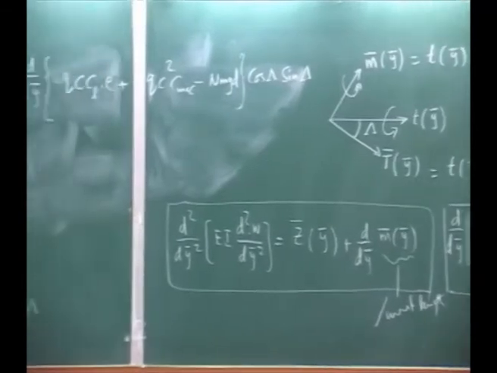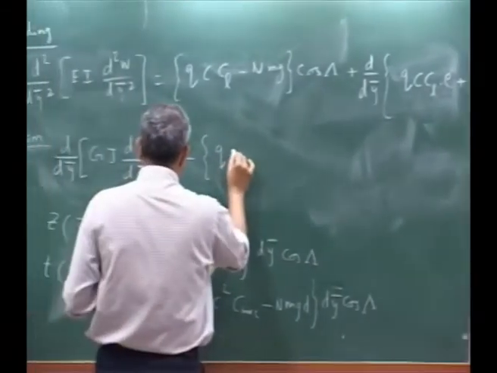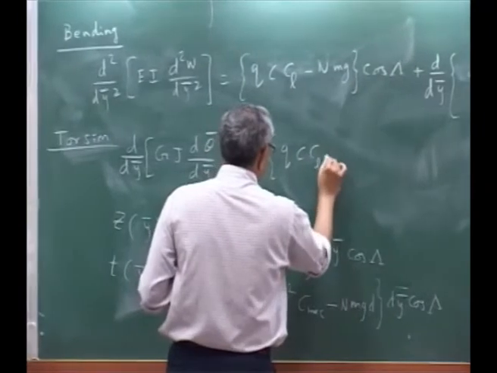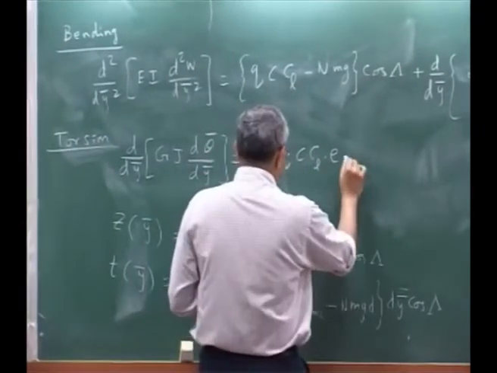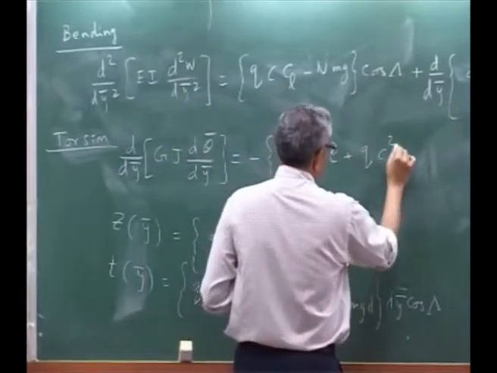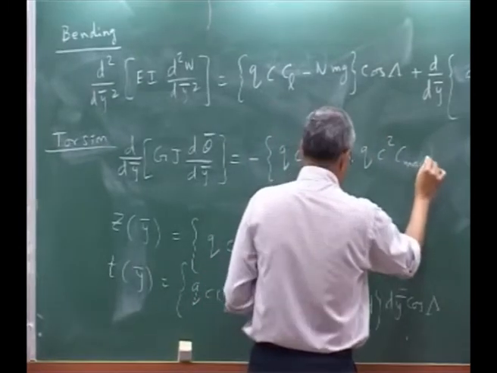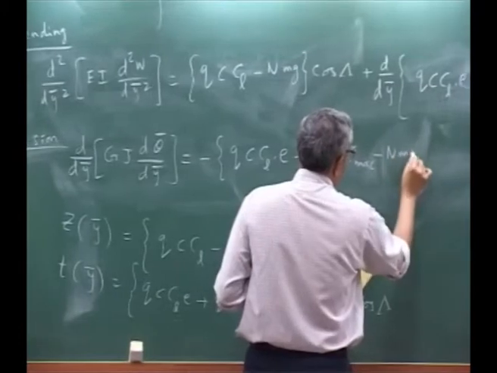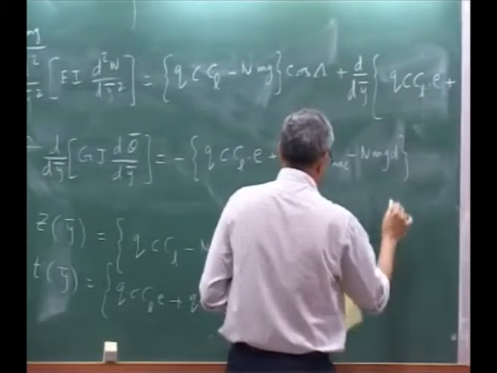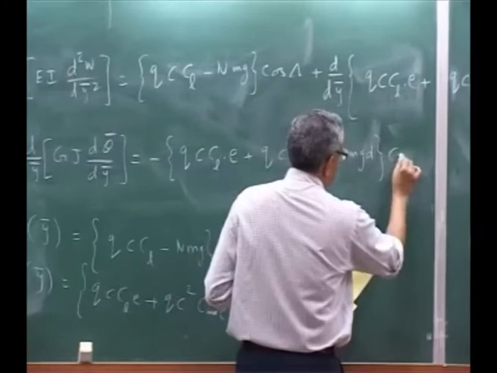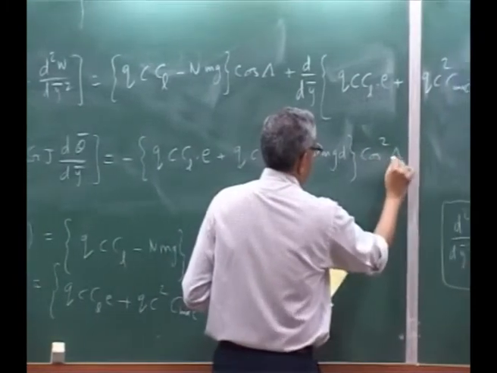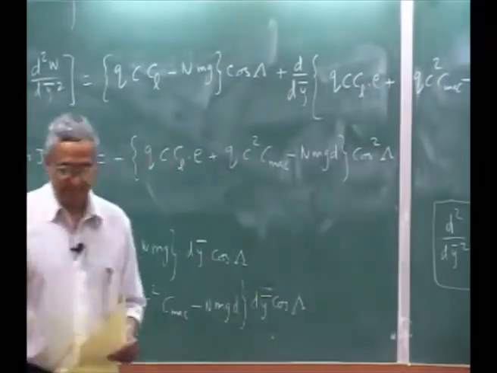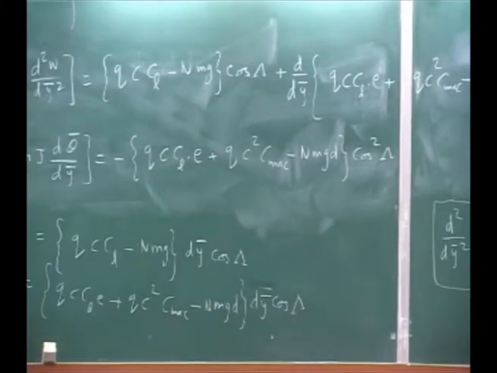So you will have minus q c CL into e plus q c square CMAC minus N mg d cosine square lambda. Okay. Now this is my complete equation.